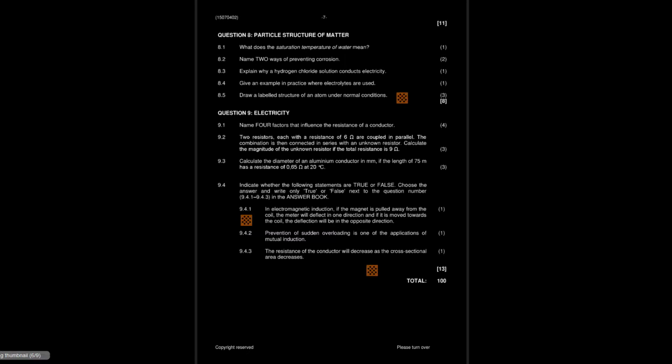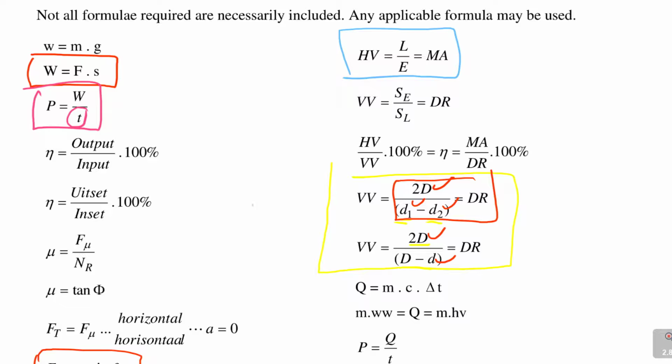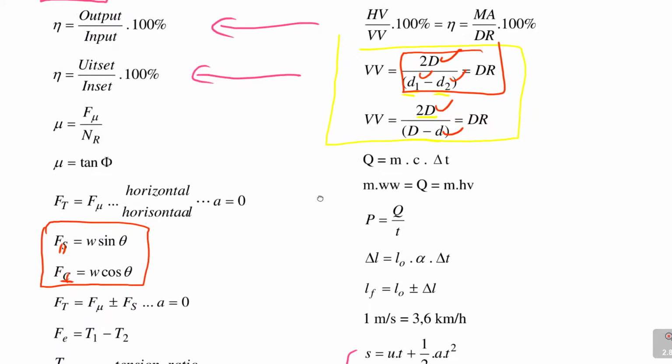So you come here on the formula again, look in this direction. There is that formula for efficiency. So efficiency is N equals output over input times 100. That's the efficiency.